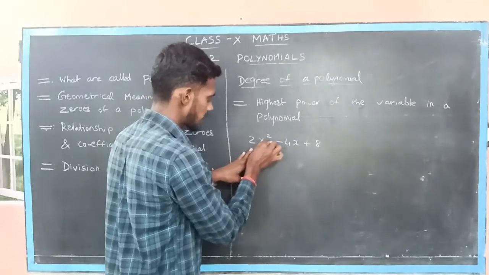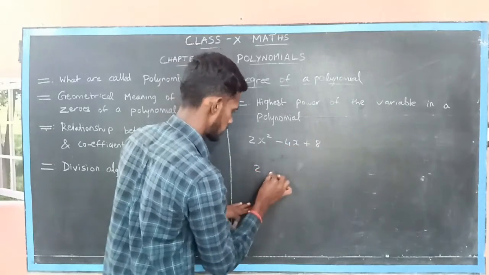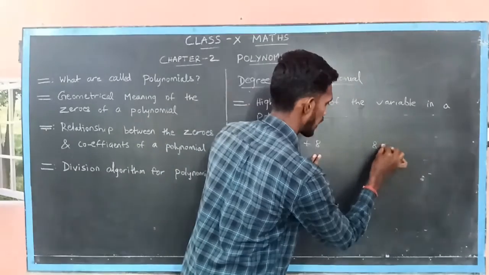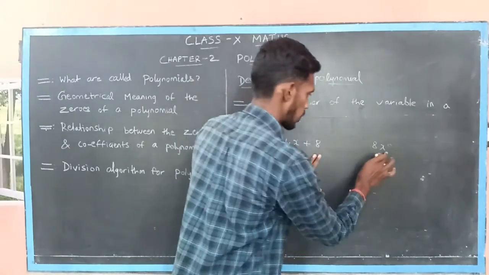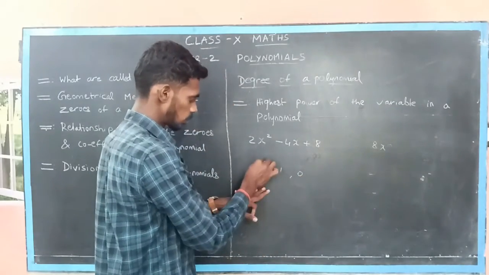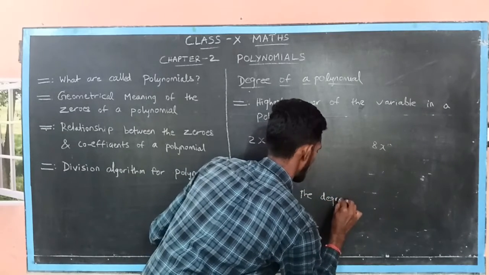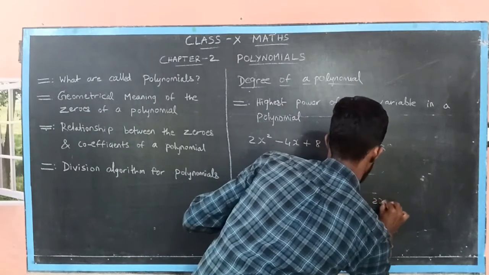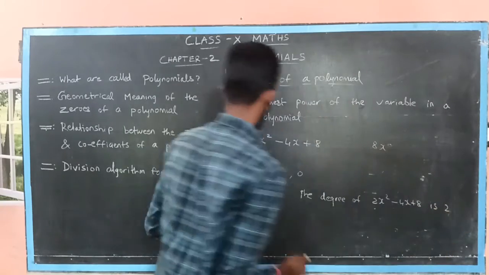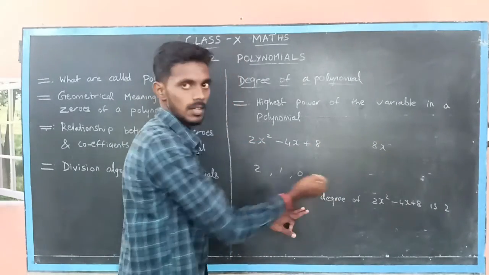The power of x in the first term is 2, in the second term is 1, and in the last term is 0 because it can be written as 8 into x power 0. The highest among these three is 2. So, I can conclude that the degree of 2x square minus 4x plus 8 is 2. The highest power of the variable in a polynomial is called the degree of the polynomial.